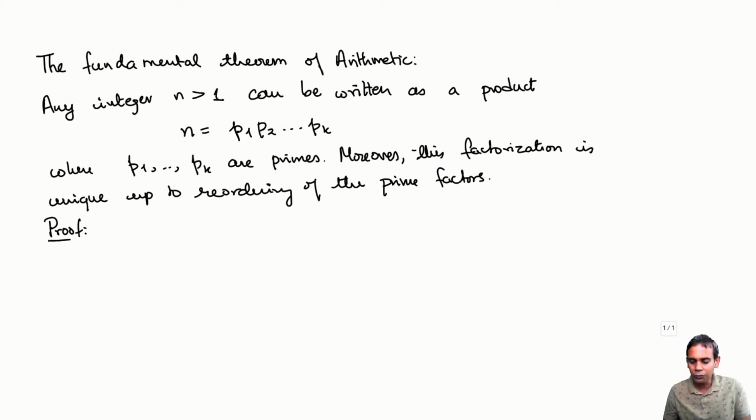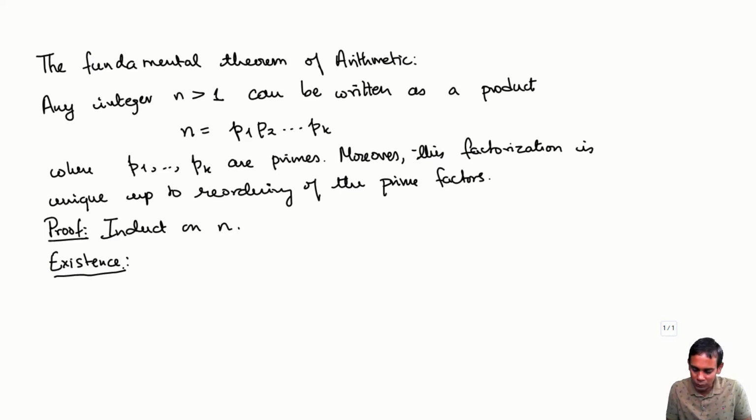So the proof goes basically by induction on n. And we'll do two parts. We'll first prove the existence of such a factorization, and then we will prove the uniqueness. So for existence, for n equals 2, obviously the result is true. 2 is a prime number, and so with k equals 1 you have a factorization.